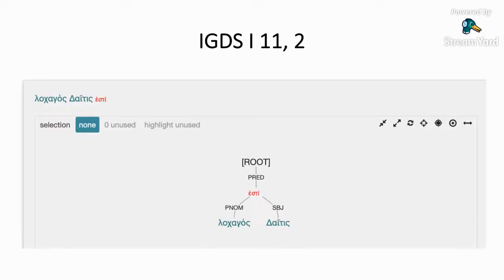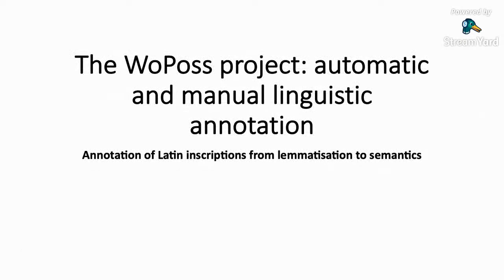And now I will go to the other main focus of today's presentation, which is the Corpus project. And this project will allow me to show how automatic and manual linguistic annotation can be combined, and how in a project you can annotate different levels of linguistic analysis, from lemmatization to semantics, and a little bit also of pragmatics.